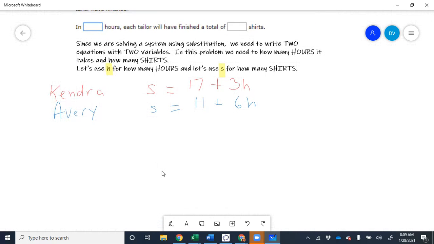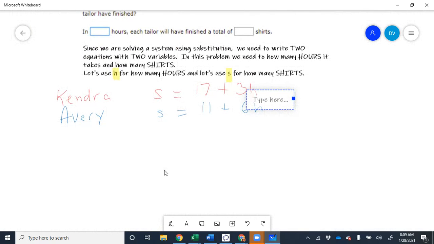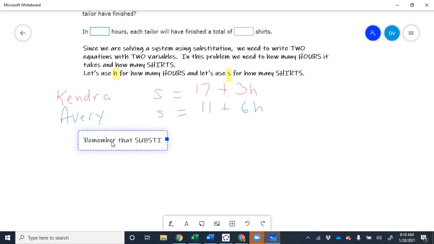We want to remember that substitute is the method they told us to use.